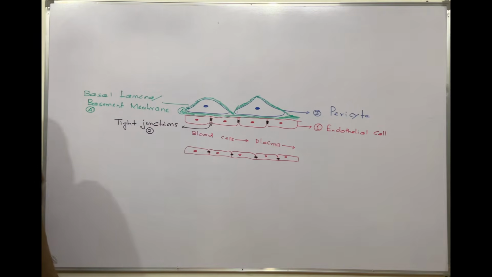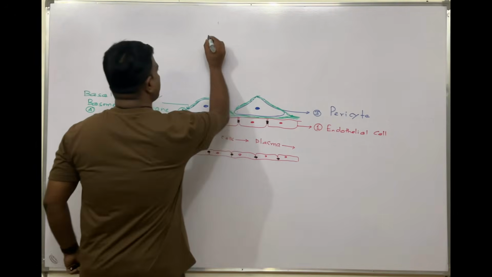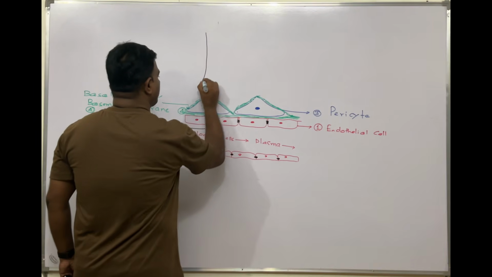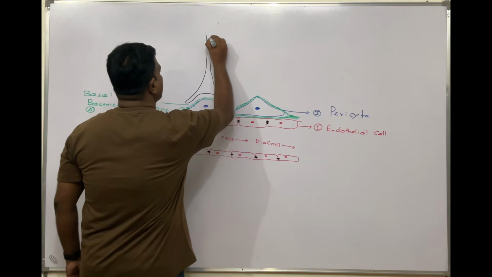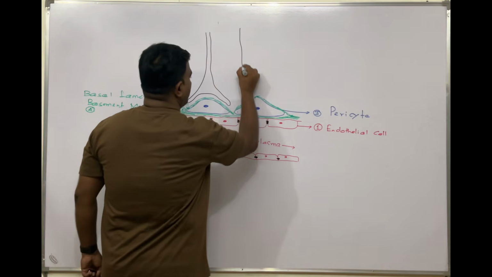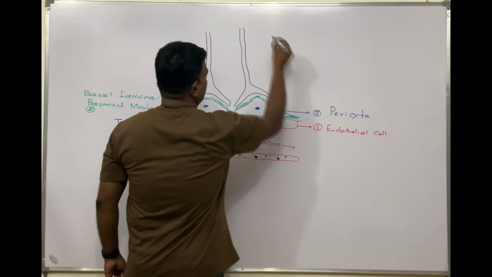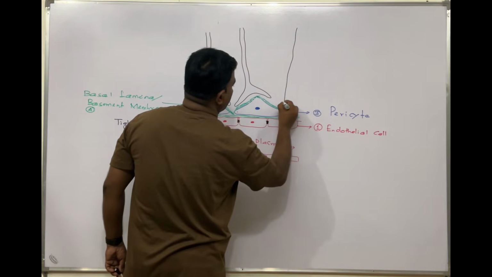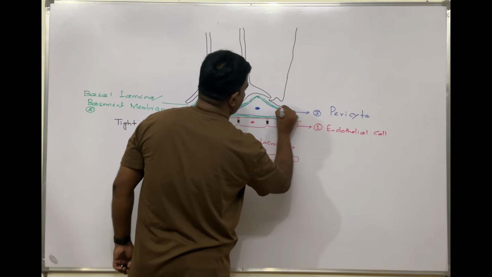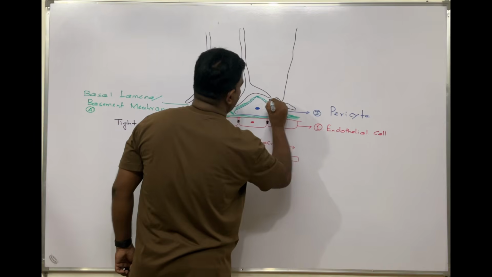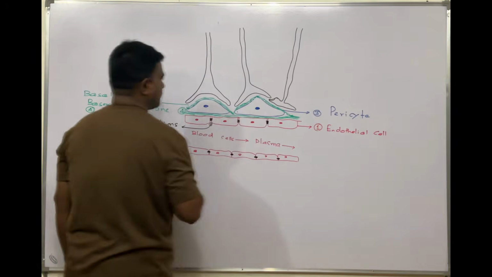Now coming to the black color structure, the black one. Here you are seeing some foot-like processes, end feet. See this beautiful diagram. You are seeing another end foot, and another end foot.